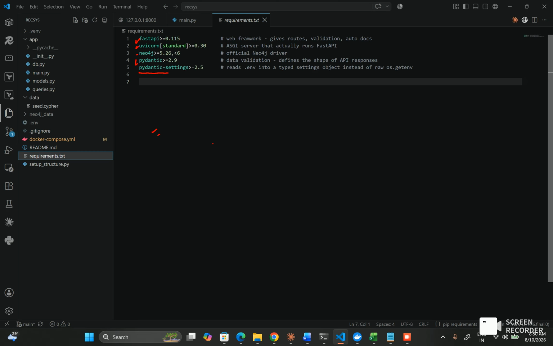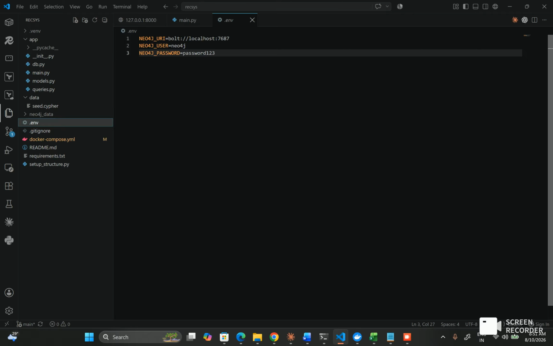Let's see what's actually inside it. That is the .env. Three values live over here. The URI uses Bolt, which is Neo4j's own connection protocol, built specifically for fast database communication rather than regular web traffic.